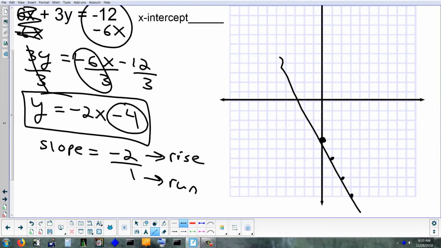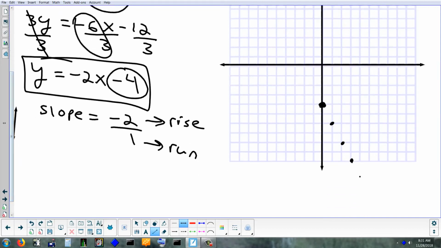All right, so let's see. Oops. Let me actually make it look kind of straight. That's good enough. It's not perfect, but pretty good. So there's your line. You know what? Because they're asking us for the x-intercept, I tried to draw it straight, but it's not letting me.